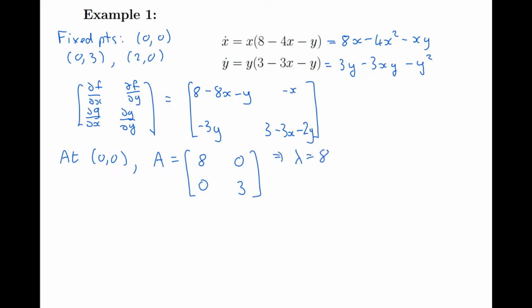One eigenvalue is 8 with eigenvector 1, 0, and the other eigenvalue is 3 with eigenvector 0, 1. So I know immediately what the phase portrait of the linearized system is, and because the eigenvalues do not have 0 real part, that means the phase portrait of the nonlinear system will be very similar.